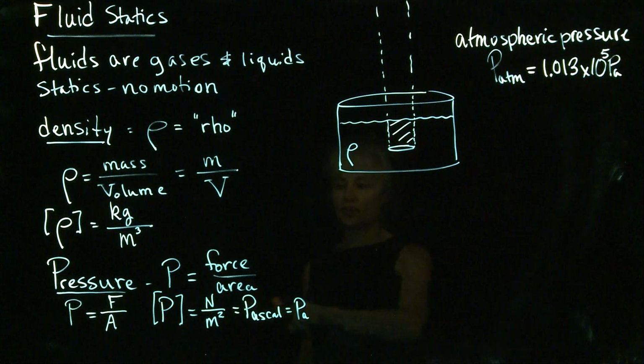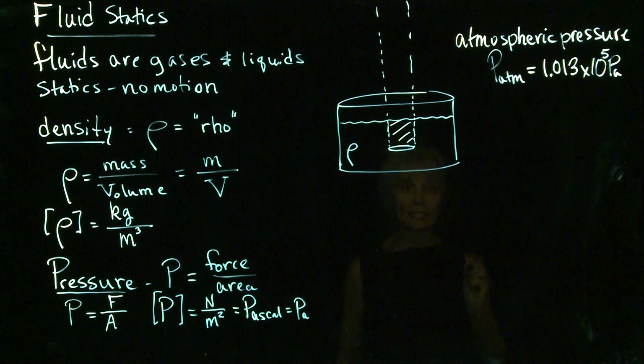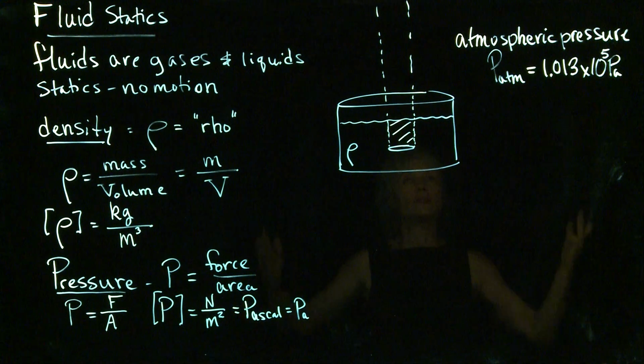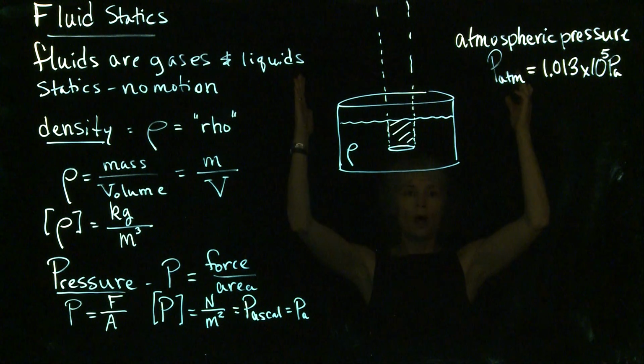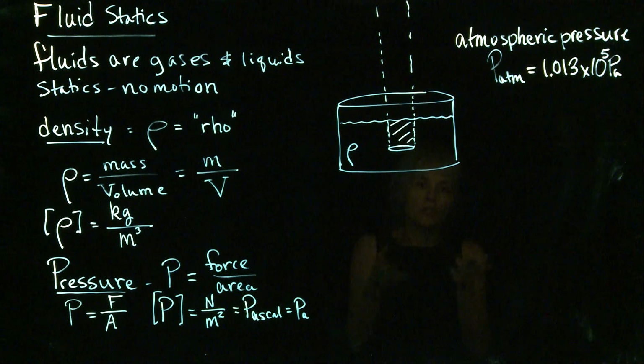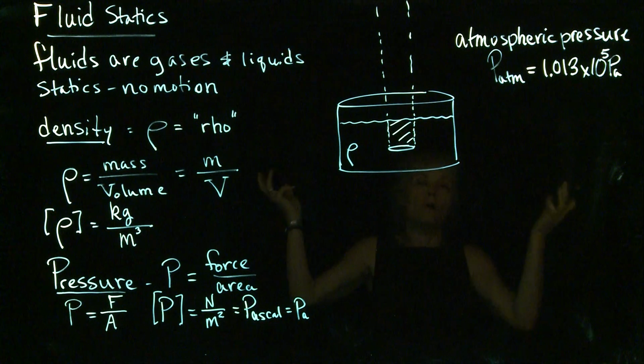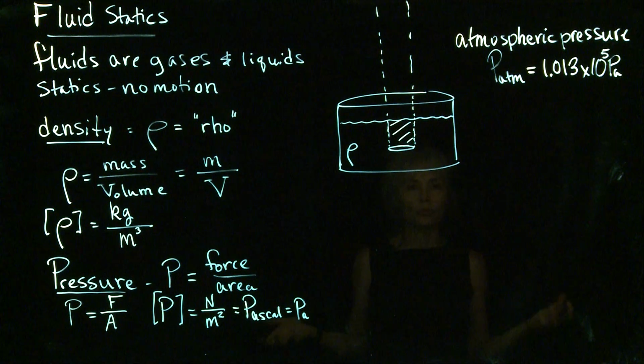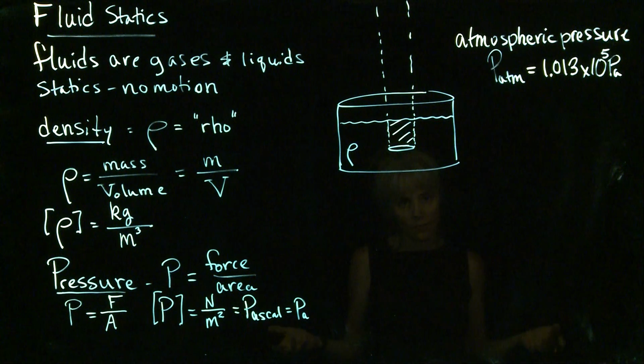Remember, a pascal is just a Newton per meter squared, so that's the standard unit in the metric system. This is the pressure objects feel when they are at sea level in dry air, and that is due to the fact that they are supporting a column of molecules that is above them. Everything on the surface of the Earth is supporting molecules above them, and those molecules are the molecules that make up our atmosphere.